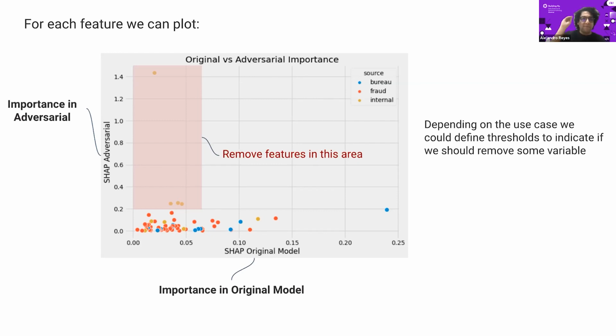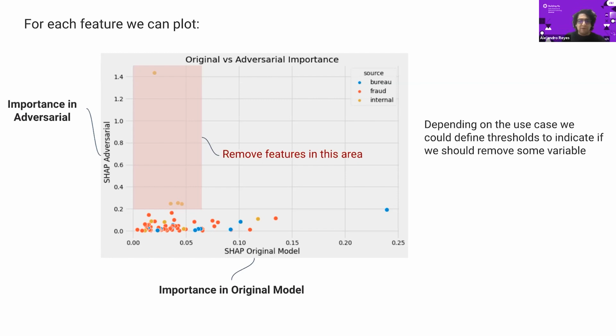Like, okay, first I'm going to test, remove the feature with the highest drift. Okay, how is the model performance in the original model? Okay, that's acceptable. Okay, the next one, I remove it, and now how is the performance in the original model? And then we are taking care of the instabilities in our model, but at the same time we are taking care of the performance, right? So in this way, we are optimizing for both sides.